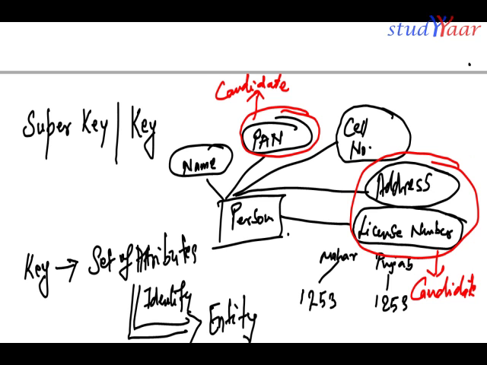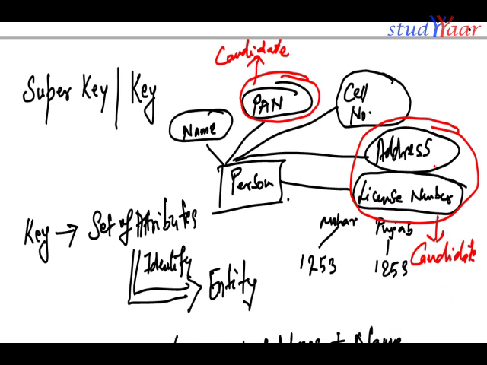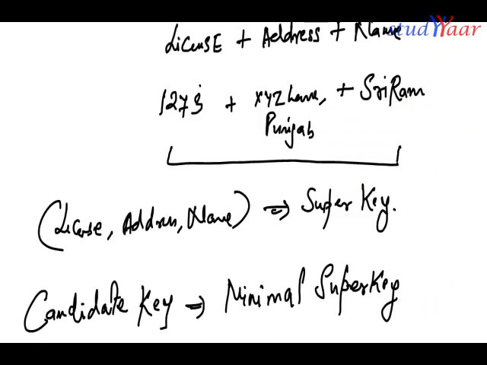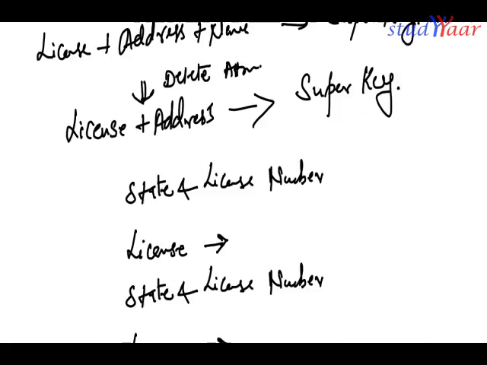But say if I'm the designer of this database and I say I'm going to have only PAN number as an identifying criteria, then I'm basically saying that PAN number is the primary key. So that is the concept of a primary key.